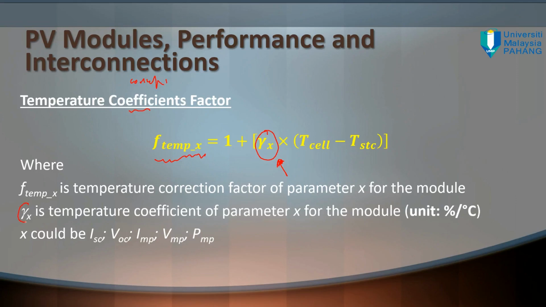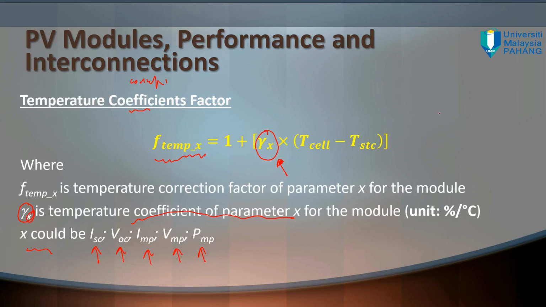This gamma is the temperature coefficient of parameter X, where X can be ISC, VOC, IMP, VMP, PMP. Means that all equations for power, current and voltage are the same, but the difference is the value.